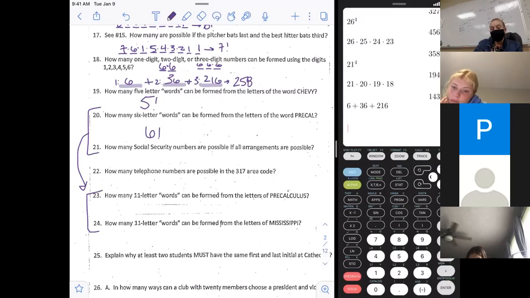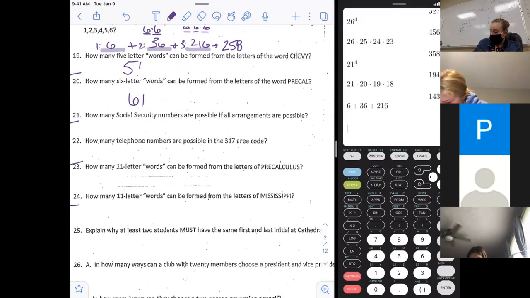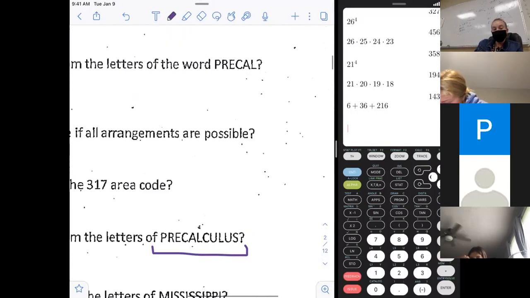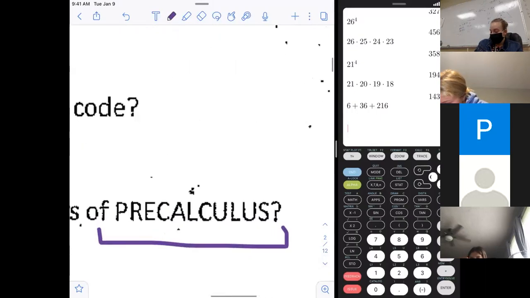This one now has bigger words. Those were two really small words, Chevy and PreCalc, pretty simple. This next one: how many 11-letter words can be formed from the letters of pre-calculus? This is a different problem, because do you see that I have repetitions of letters?